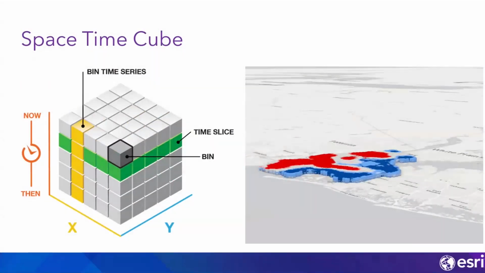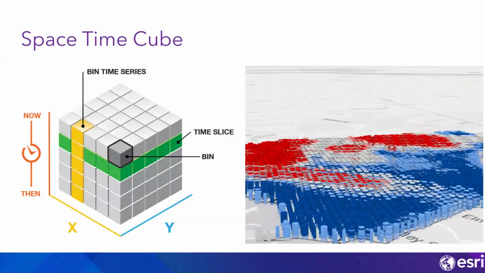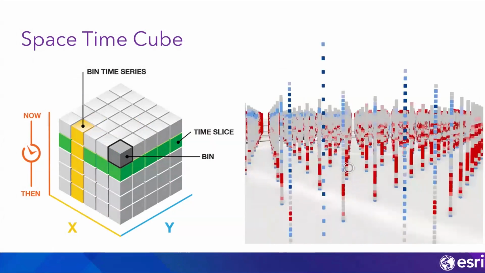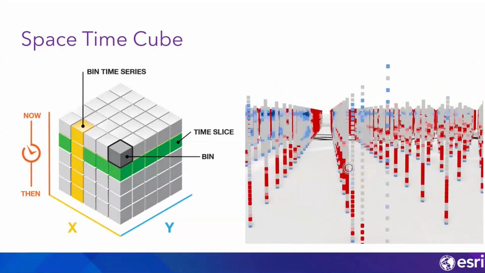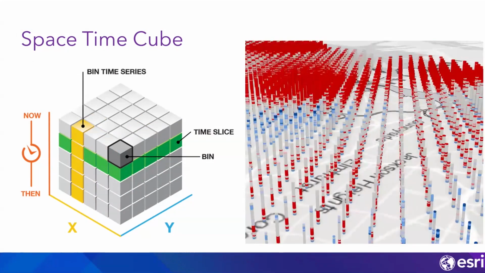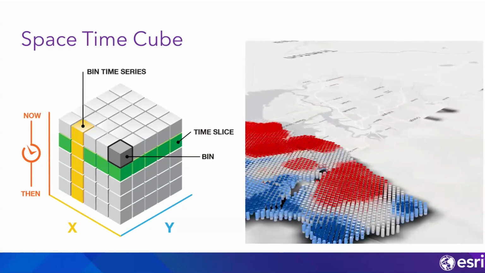Hence, space-time. So within the space-time cube, the first thing is we have a bin. One bin contains information on the X and Y coordinate values, as well as any statistics tied to that particular cube.